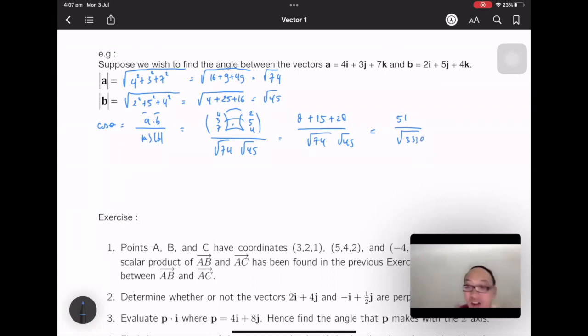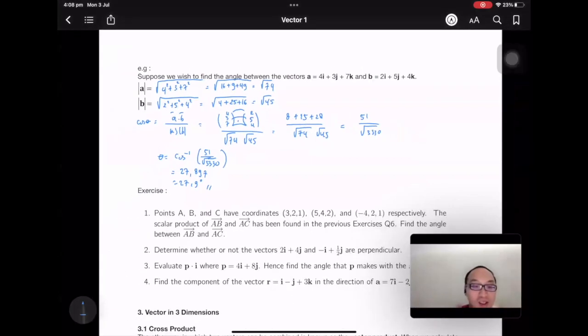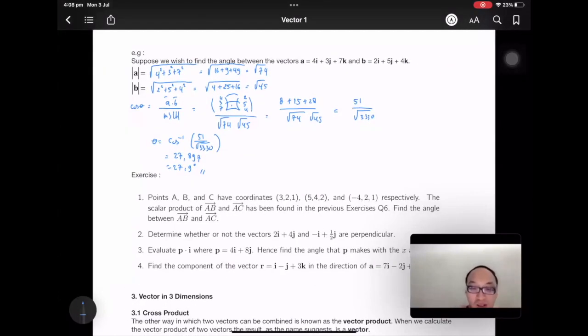This is cos theta. So theta is cos inverse of 51 over the square root of 3330, which equals 27.897, about 27.9 degrees. This is the answer of the example.